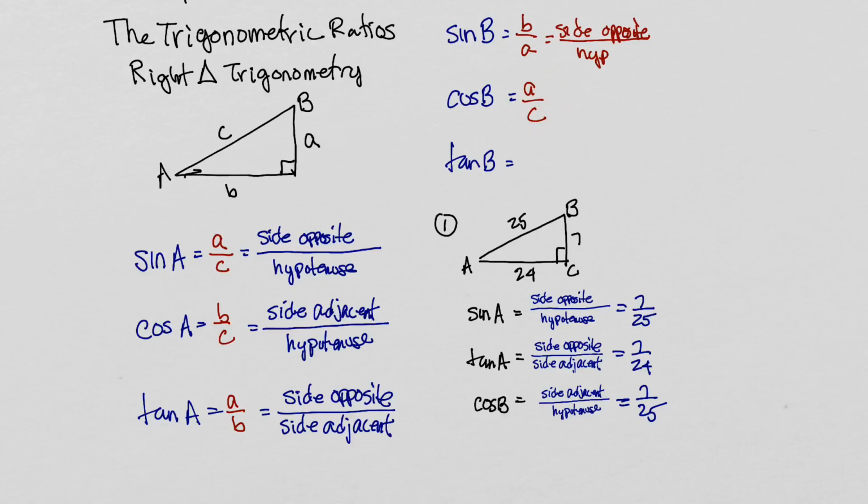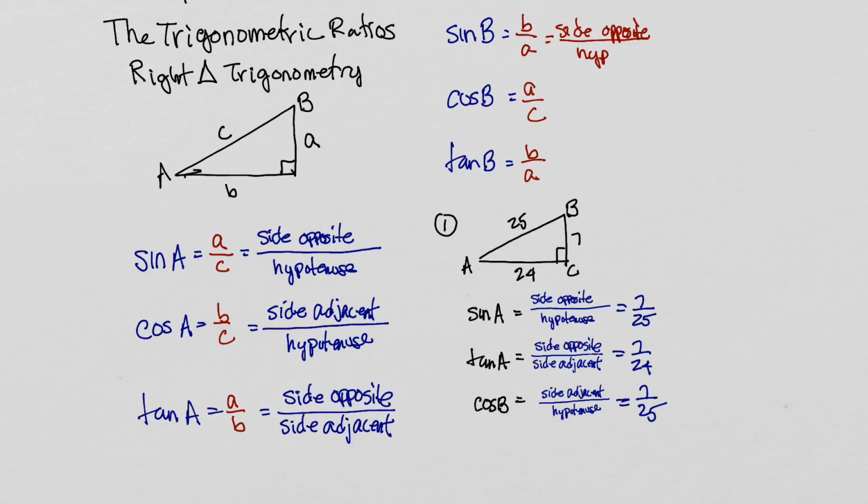And for the tangent of B, we locate ourselves at B, and we look at the definition. The tangent is the side opposite over the side adjacent. Here's B. So this one is going to be opposite over adjacent.